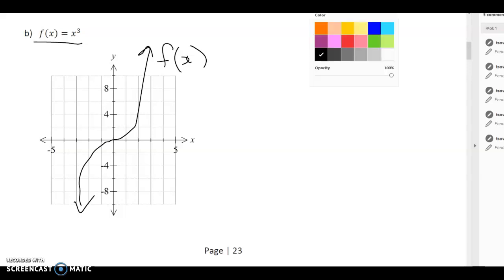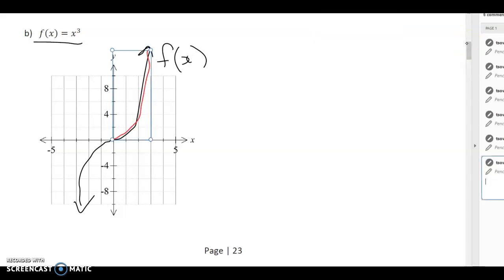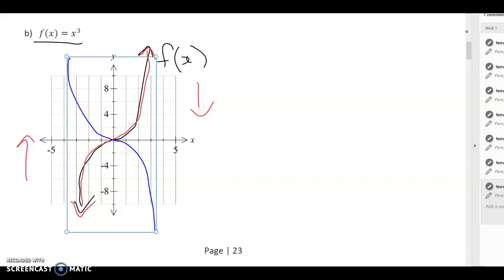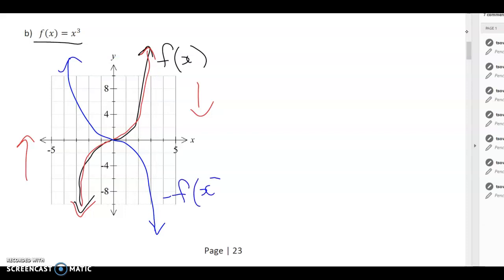Well, this part here is going to flip down into the bottom, and this part here is going to flip up to the top, so that part will go down there. And so if I draw the function now, it's going to look something like this. Then that would be minus f of x.